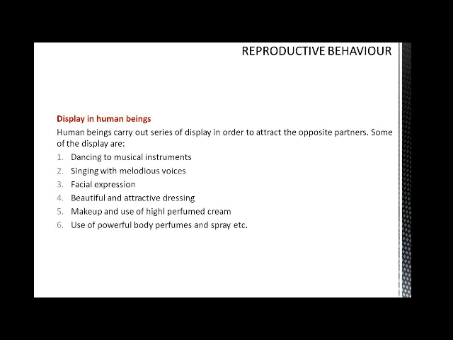The next one is beautiful and attractive dressing. Before now and even at the moment, many of us have known that one of the good ways to attract opposite genders to ourselves as human beings is to dress neatly from inside to outside.